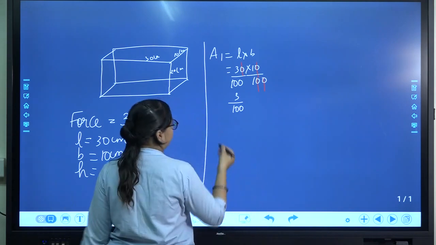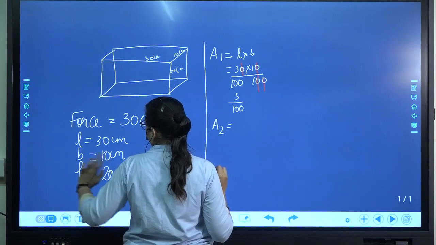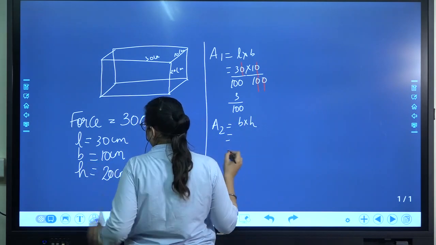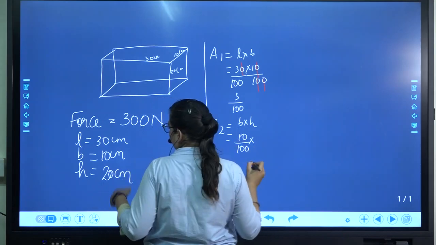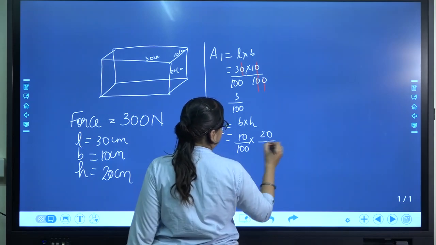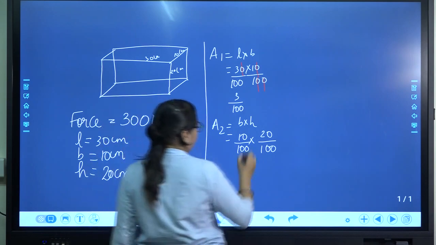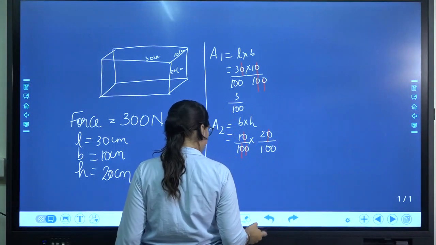Second one, what it will be? B into H. What is the breadth? 10. What is the height? 20. Let's cancel it out. 2 ones are 2 upon 100.